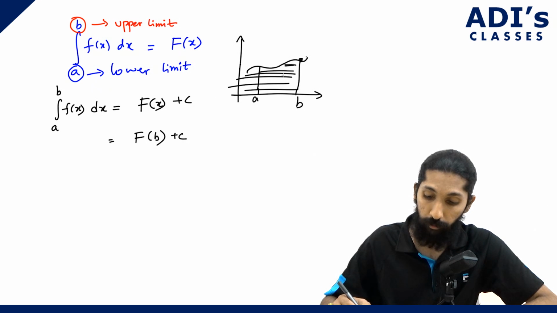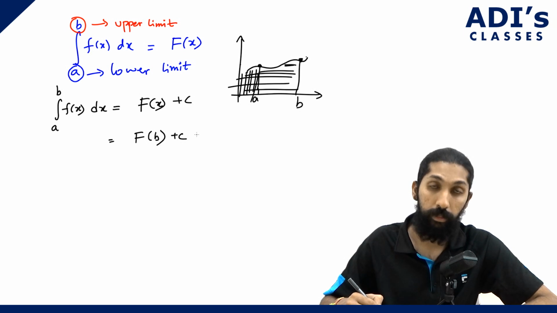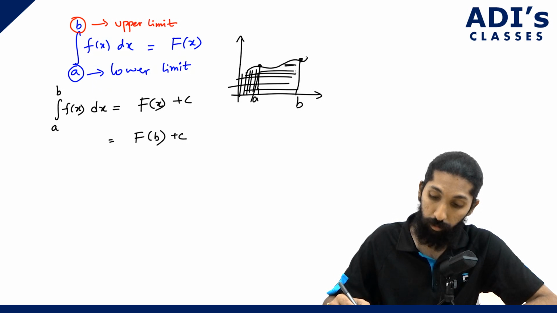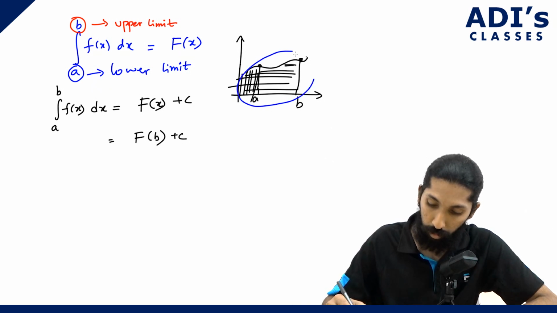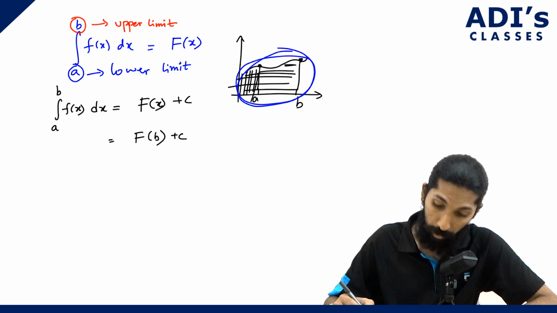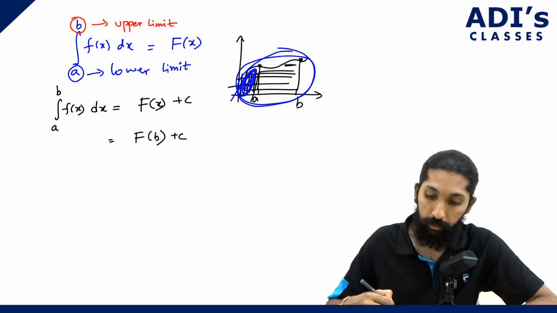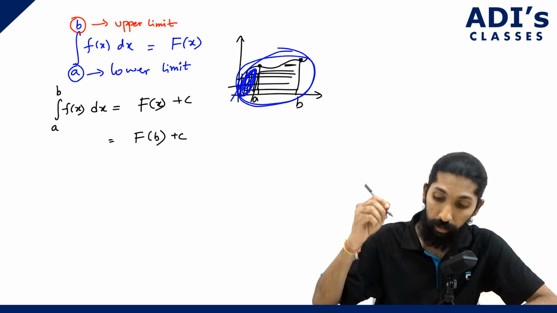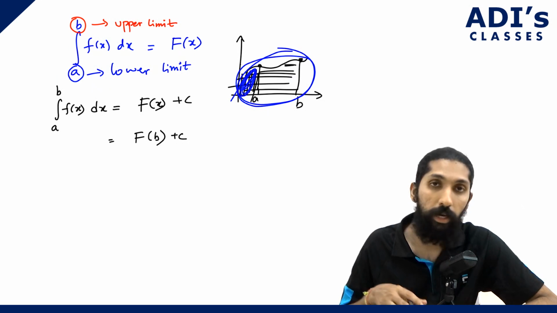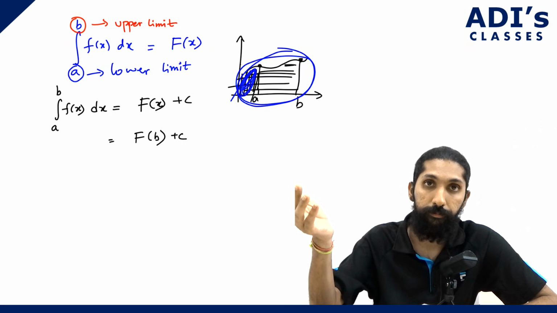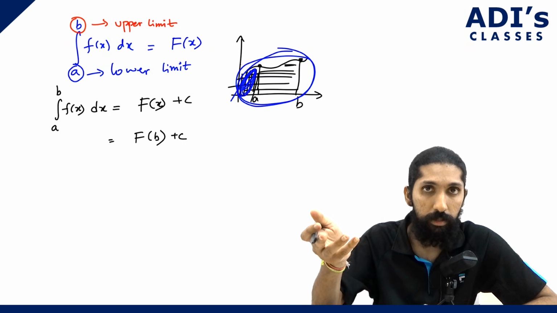But when you do F of A, from this point to this point, this area is gone. In the sense, you are doing the total area minus this particular part. Don't you think that is going to give us the required area? I don't have to calculate anything which is additional. That makes no sense, right?